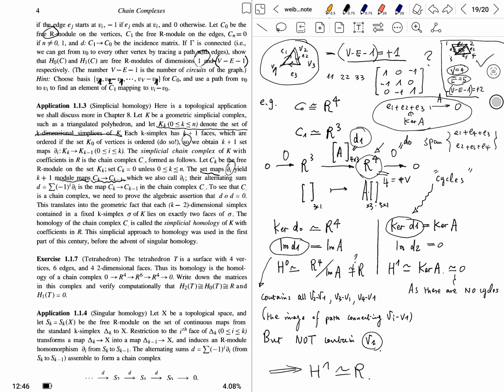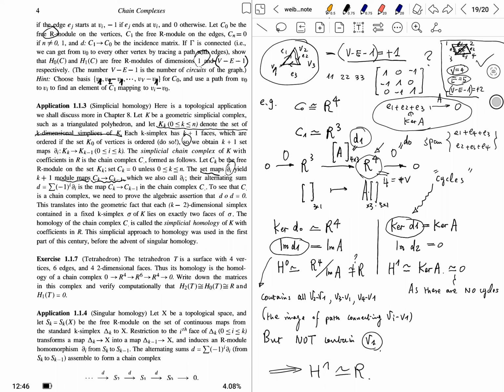Okay, and then you have to talk about what the image is. In this case, I'm saying that it's always dimension 1. The reason is that almost every vertex is in the image of D1, except V1, for example.